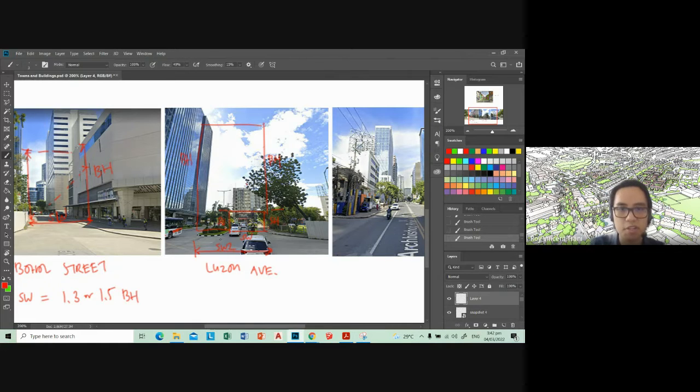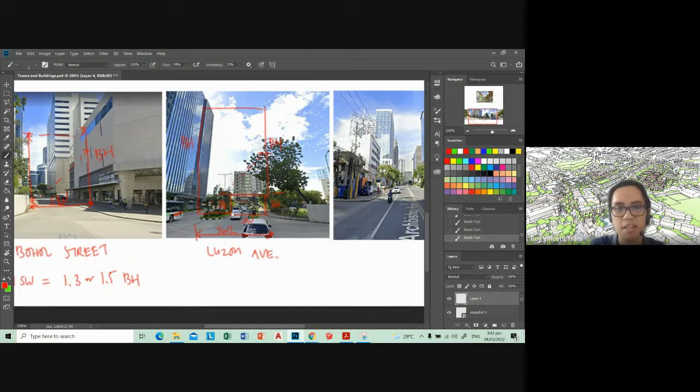This proportion pretty much looks like, if I do a 45-degree angle here, about twice the street length if you look at the bigger, wider street. So SW2 is equal to 2 times the BH.